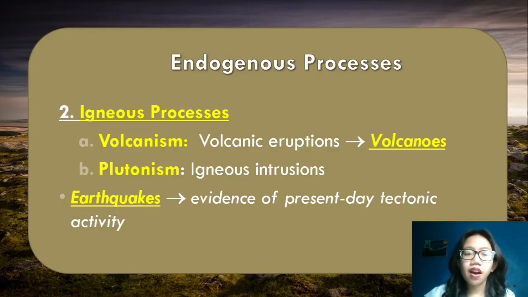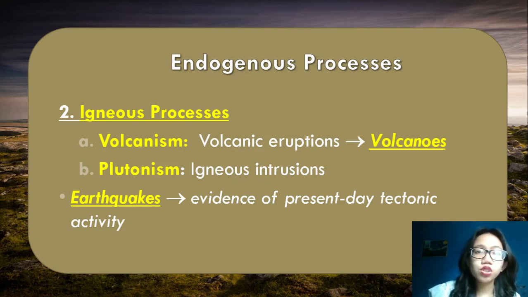Okay, so aside from the first type of endogenous process, which is plate tectonics, we also have igneous processes. You already know this as the formation of igneous rocks. We have volcanism, which comes from volcanic eruptions.